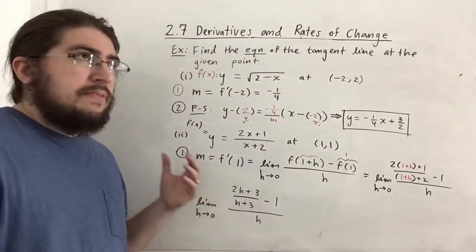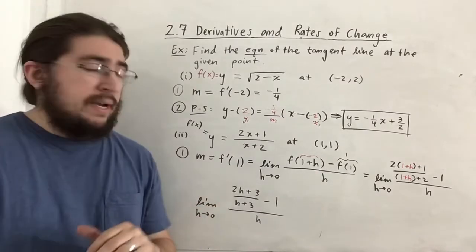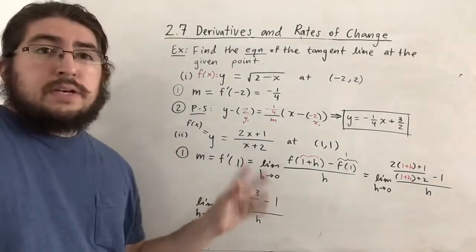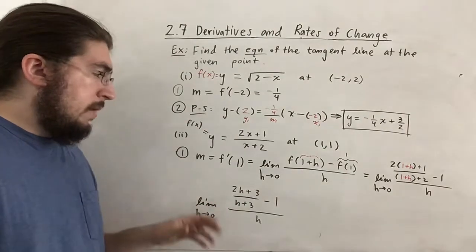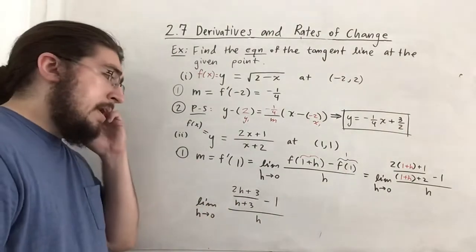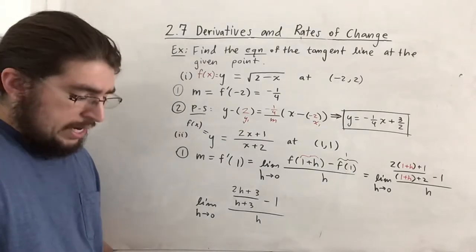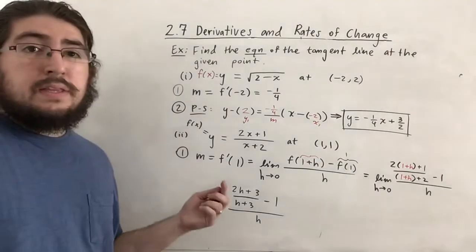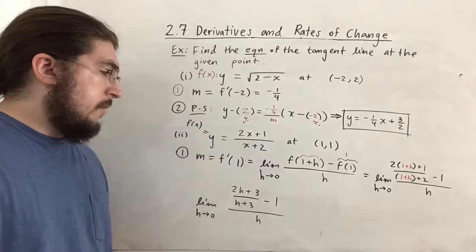The kind of thing that comes to my mind, and hopefully to yours as well, is to clear the denominator, in the sense that we have a fraction inside of a fraction, which is known as a complex fraction. We can get rid of this by multiplying top and bottom by the inside denominator h plus 3.